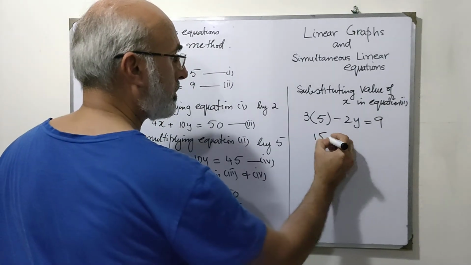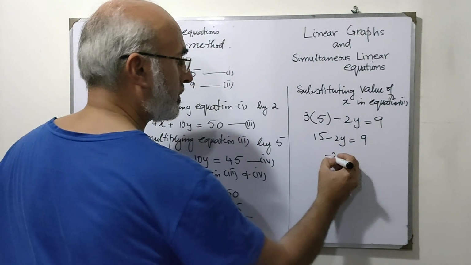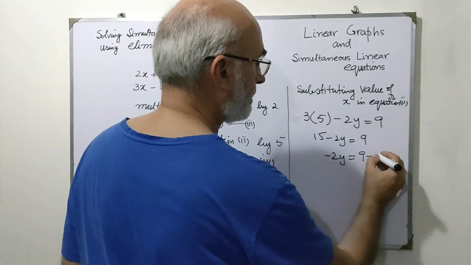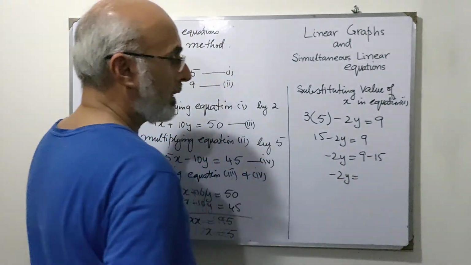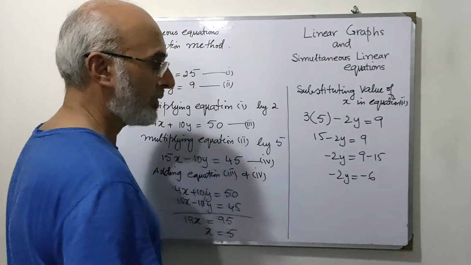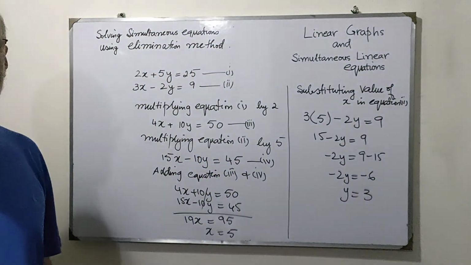So 15 minus 2y is equal to 9. Minus 2y is equal to 9 minus 15, which is minus 6. So y is equal to 3. So we got our solution.